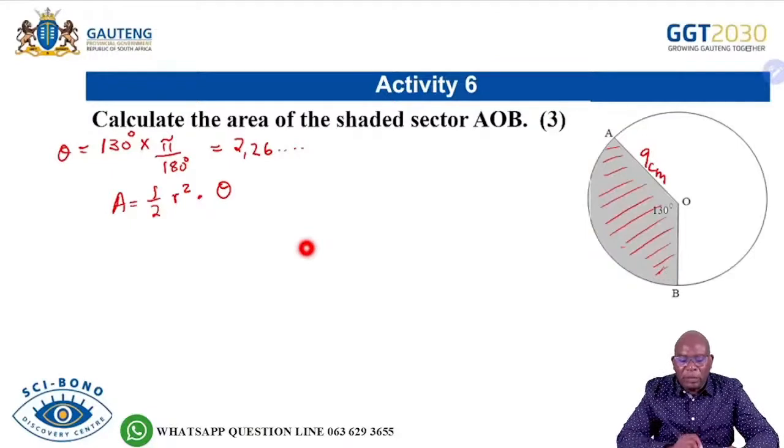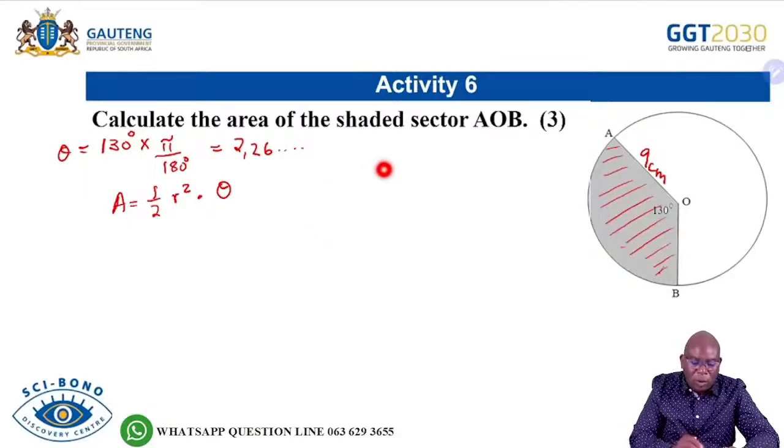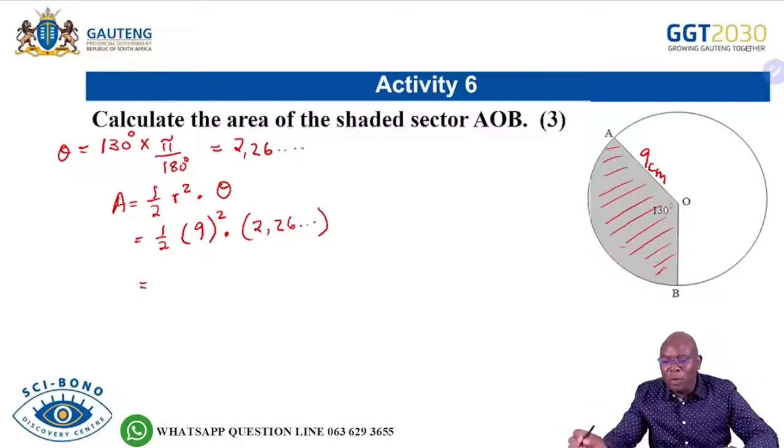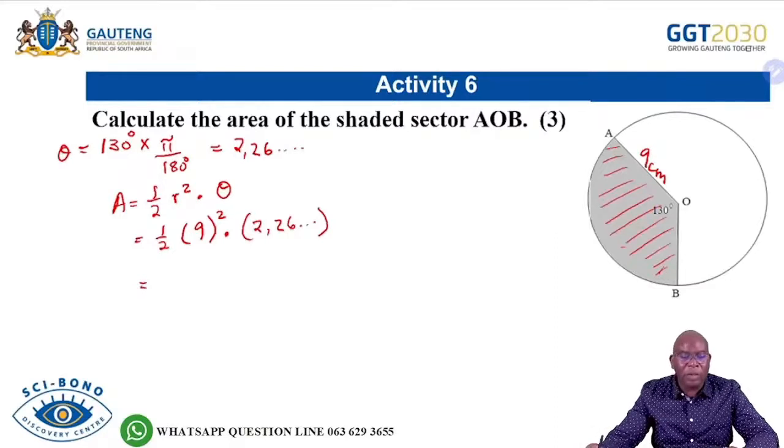Remember, as I said, that will be in radians. So I'm going to have half, what is the radius? 9 centimeters squared. Then multiply by my radians, which is 2,26.